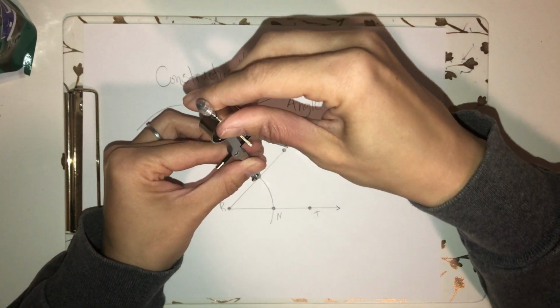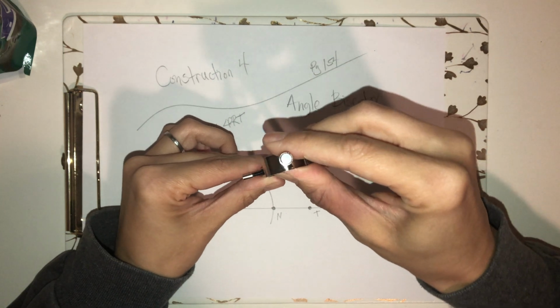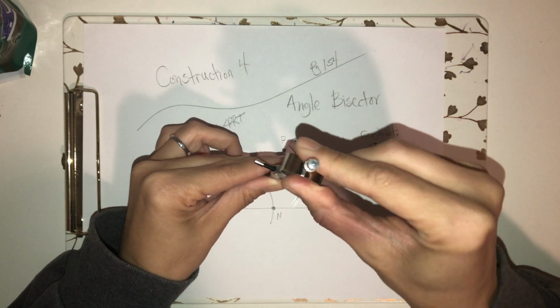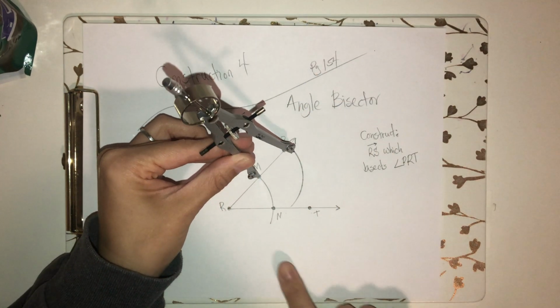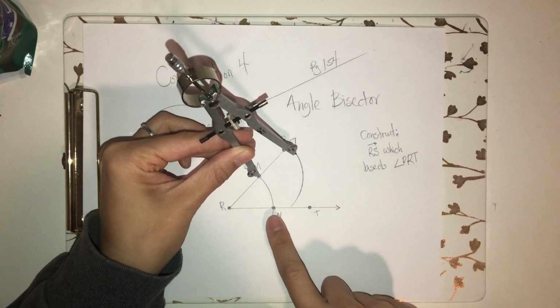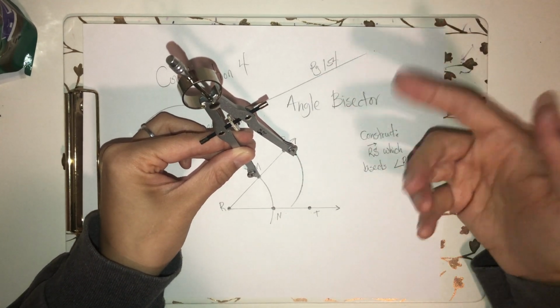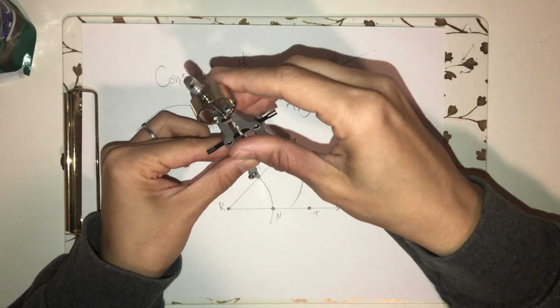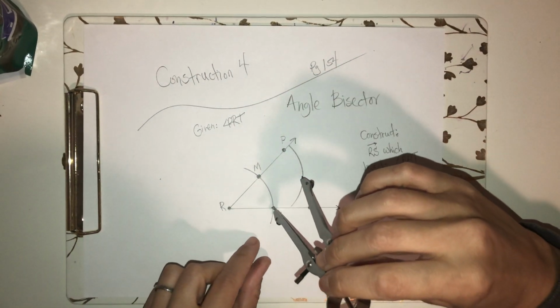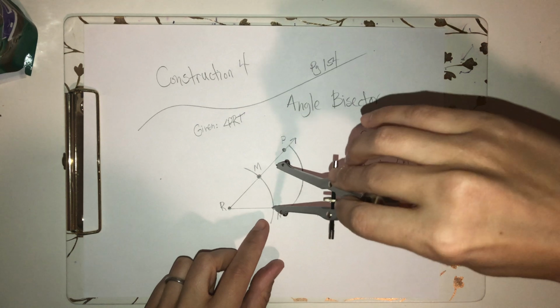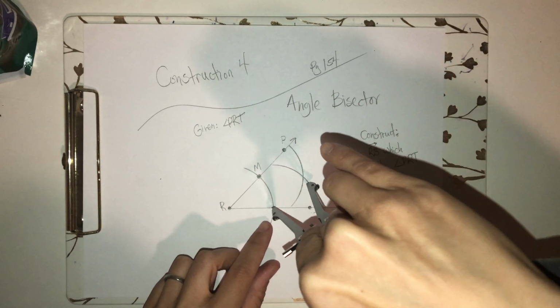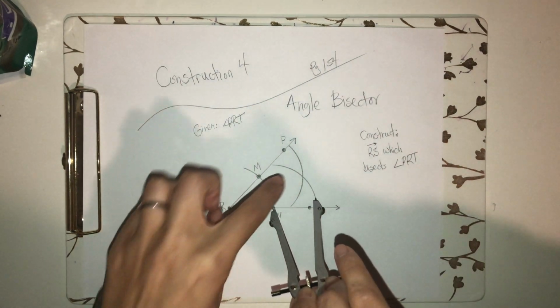Let's start with centered at M, make an arc in the entire interior. Okay, and you're going to do the same thing centered at N, and this arc and the arc I'm about to draw centering at N are going to intersect with each other. Now you can go all the way inside the interior, or you could simply just intersect.